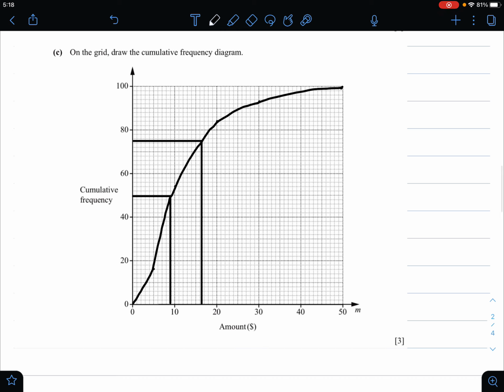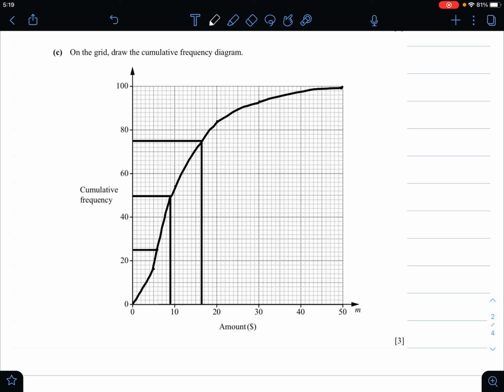So the upper quartile would be 16.5 minus the lower quartile. The lower quartile would be the 25th percentage of the cumulative frequency, and since it is out of 100, it would be simply 25. So you draw a horizontal line, and once you do that, you draw a vertical line down connecting it to the x-axis. As you can see over here, it is not that accurate.